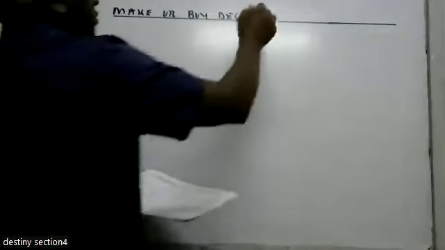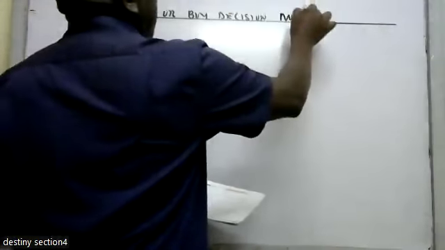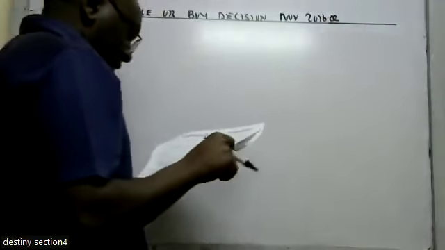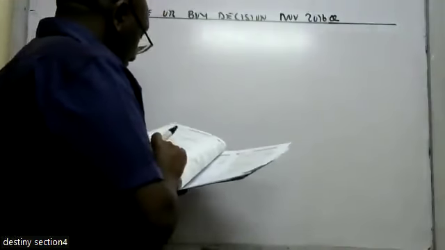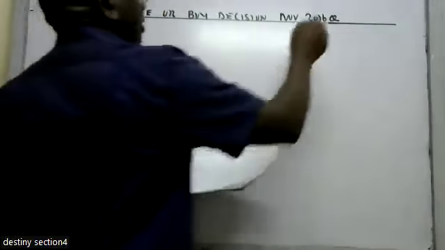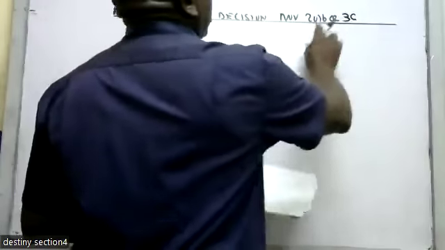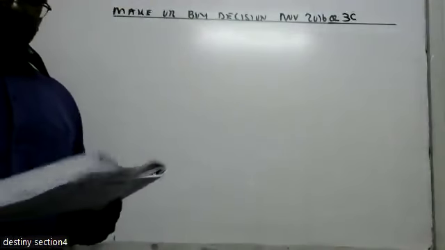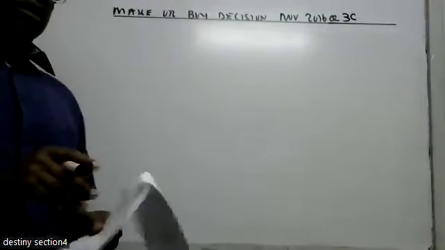So there is this question of November 2016, although it combines two of them. November 2016, Question 3C. Or even over the weekend, you have been busy the whole week.